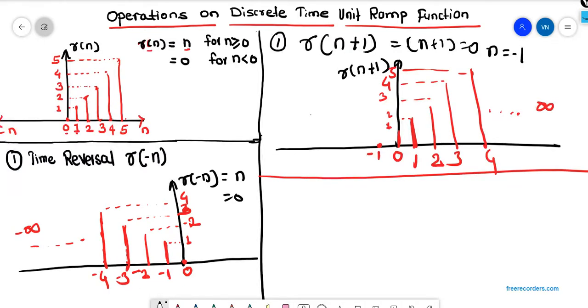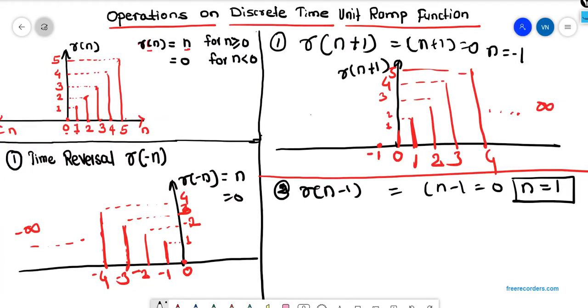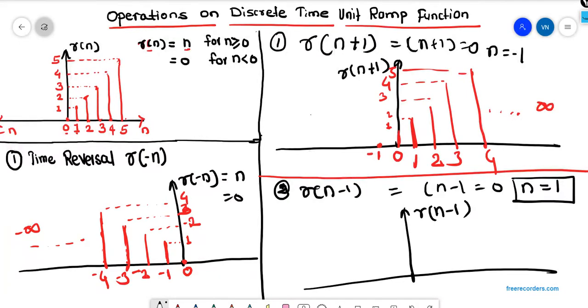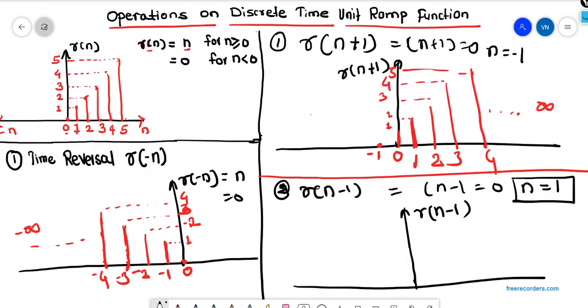Next example: r of n minus 1. n minus 1 equal to 0 gives n equal to 1. So that signal will start from plus 1.